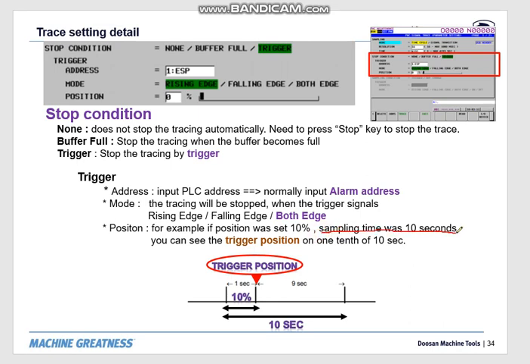You can see the trigger point. The trigger point means this address rising or falling or both is recorded here, with about 10% or 90% around the trigger.